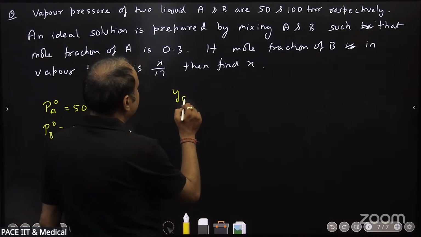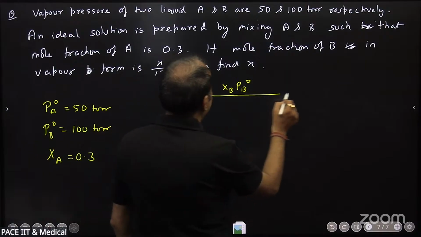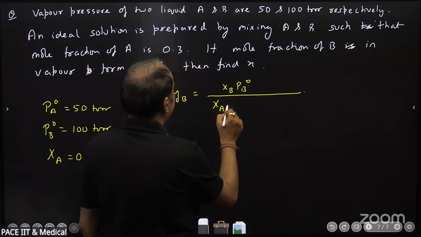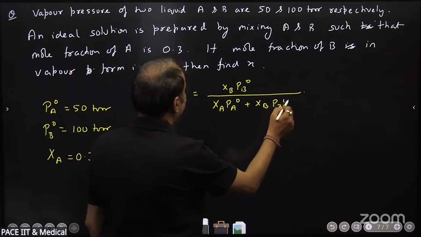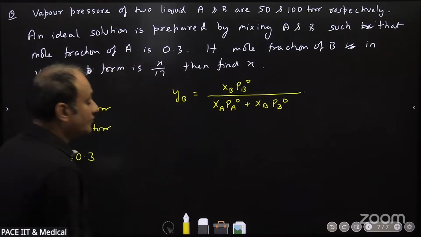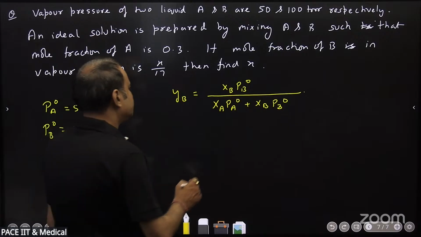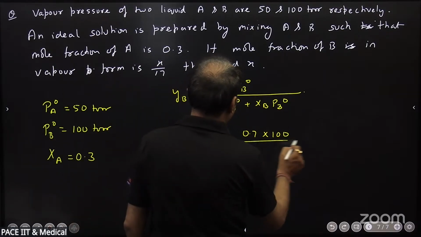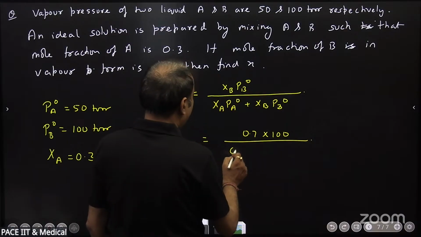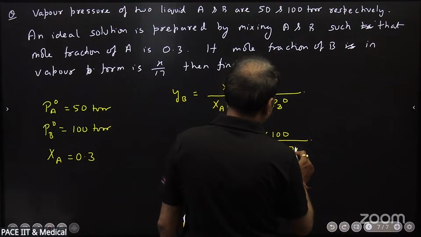So YB will be equal to XB PB naught upon XA PA naught plus XB PB naught. If XA is 0.3, then XB will be 0.7. So substituting 0.7 into 100 by 0.3 into 50 plus 0.7 into 100.